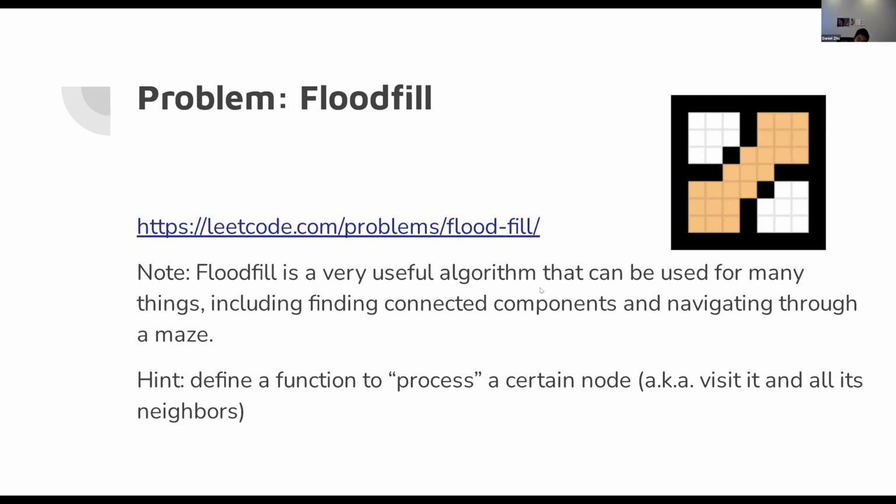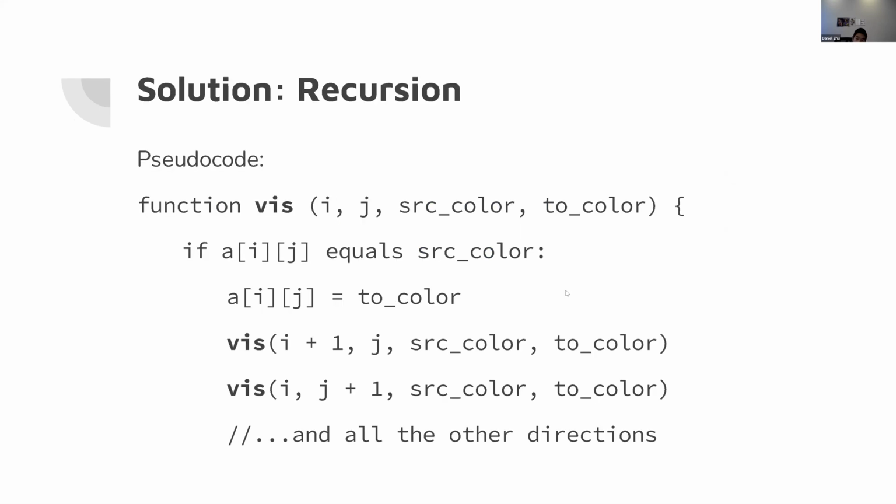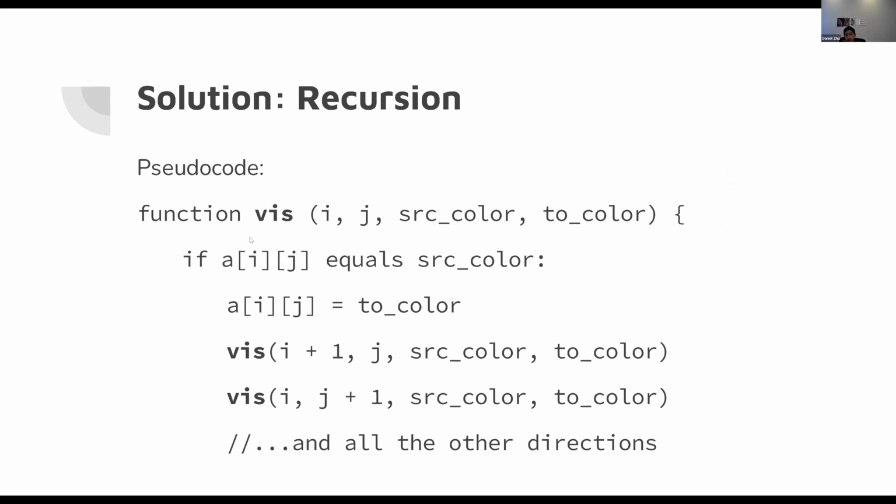Okay, so I guess I'll just go into the solution. Here's maybe a solution that you thought of. Basically, if the value at the position is equal to the source color, which is the color you want to change from, you're going to change it to the color that you want to change it to.